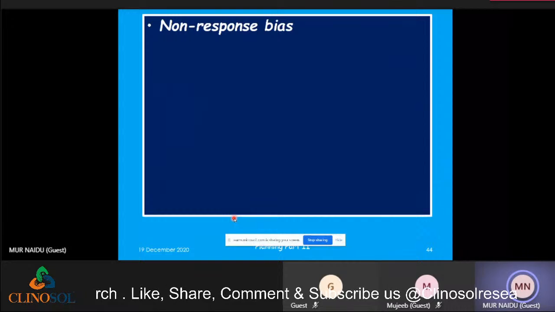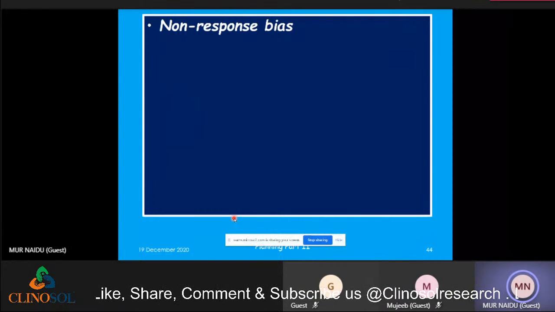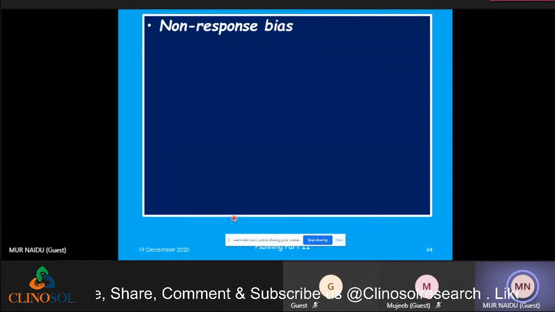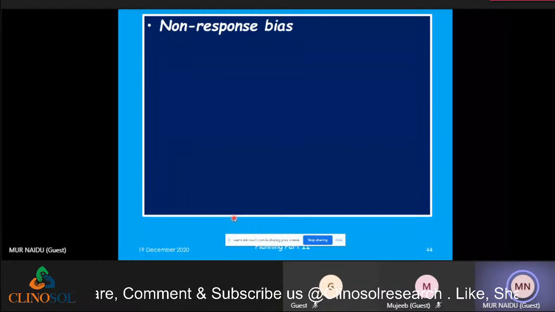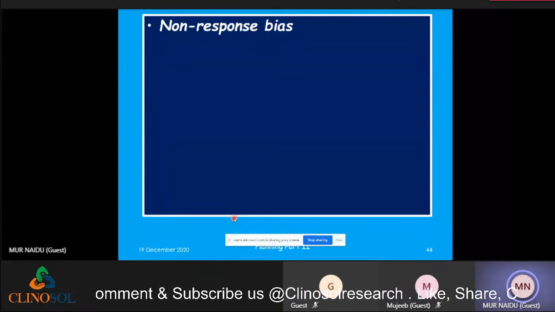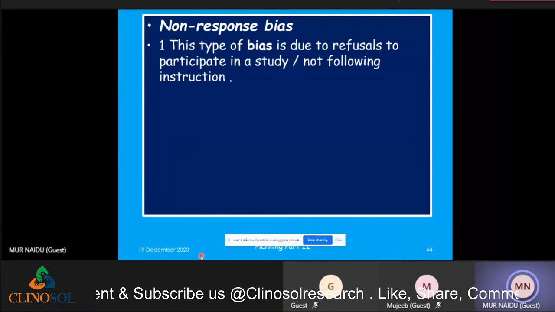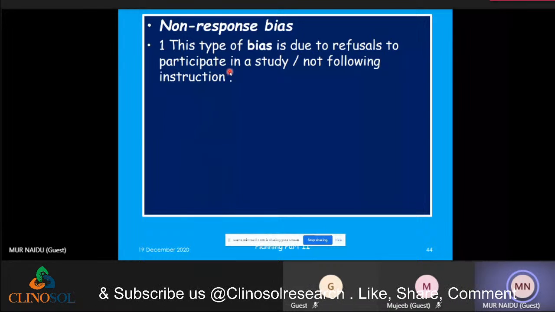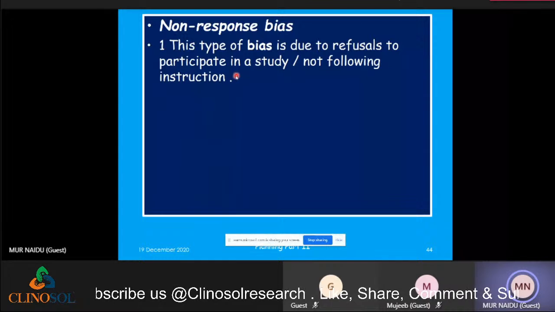Non-response bias. This is a very common type of problem, that we are looking for a particular type of response, but we don't get that thing. Either this bias is inherent or it happened artificially due to the procedure. This type of bias is due to refusal of the participant. I told you that the non-response is coming because the individual is not following your instruction.